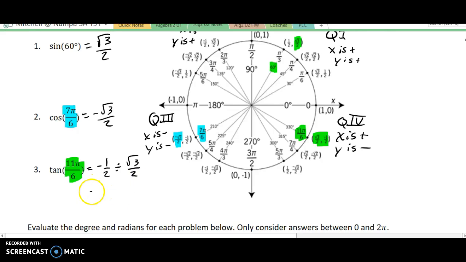And then we need to do keep, change, flip. The 2's are going to cross cancel, so we're left with negative 1 over root 3. That's a really good answer, but we need to simplify it, so we need to put the root in the numerator and get rid of the root in the denominator, if you remember doing that by multiplying earlier. And that's what it would be. So tangent's a little difficult.